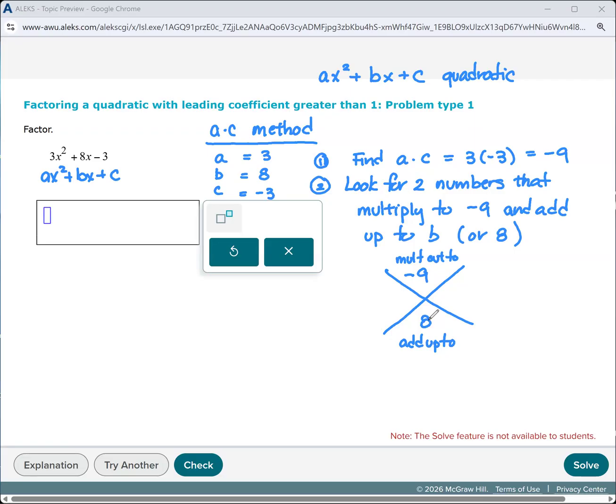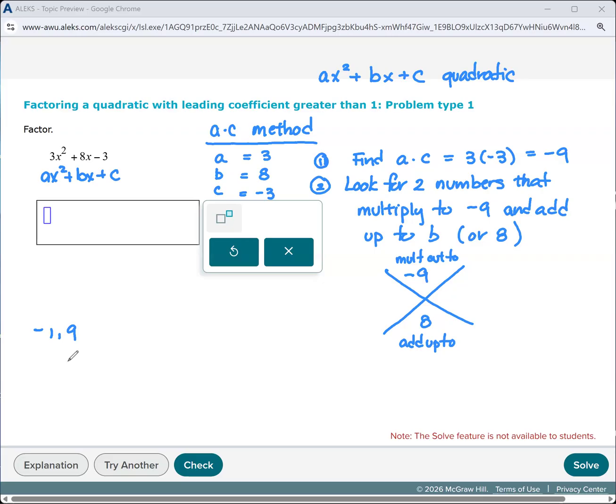We thought about 3 and 3, 3 and negative 3, but that doesn't work because those two numbers don't add up to positive 8. If two numbers multiply out to a negative, one has to be positive and one has to be negative. So you could try 1 and 9. Let's try negative 1, positive 9.